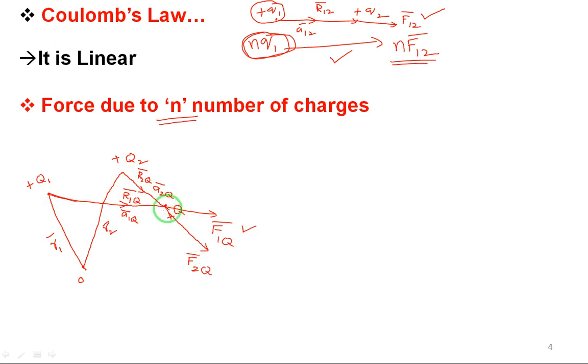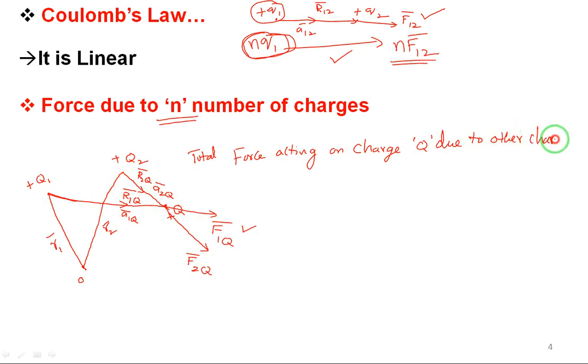What is the total force acting on charge Q due to the other n number of charges Q1, Q2 and so on? Here, other charges means only two charges I have taken, though there may be a number of charges.